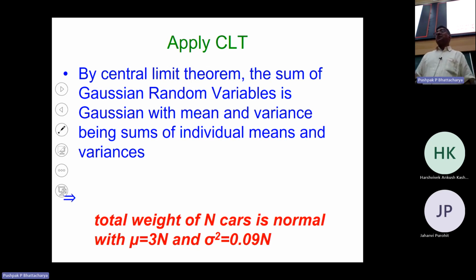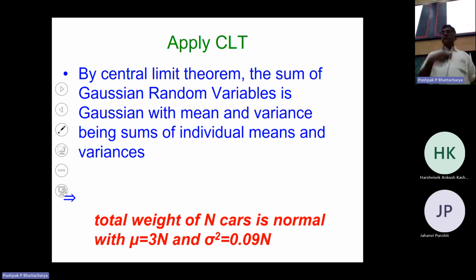So now the total weight of n cars also follows a normal distribution, and the mean weight of the total n cars is 3n. You can sum the means and get the resultant mean of the Gaussian distribution. And the variance is equal to the sum of variances.